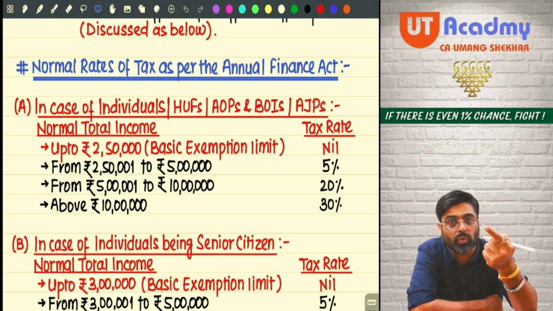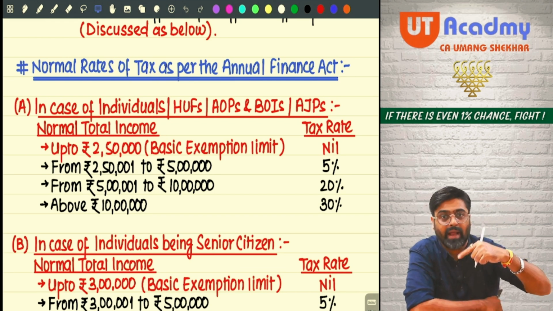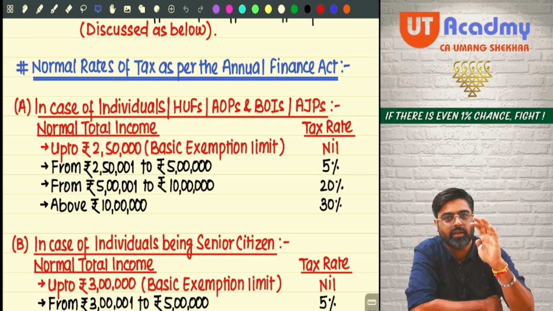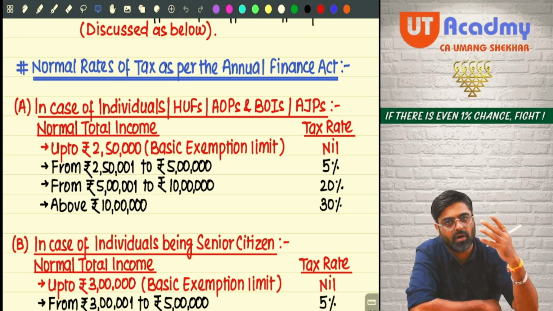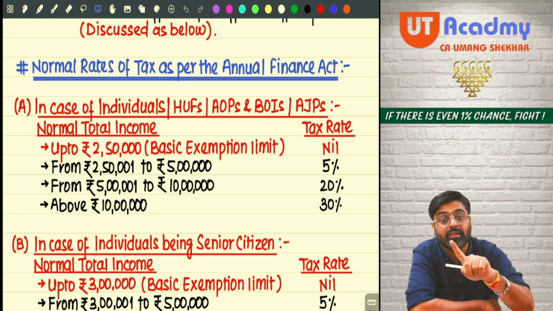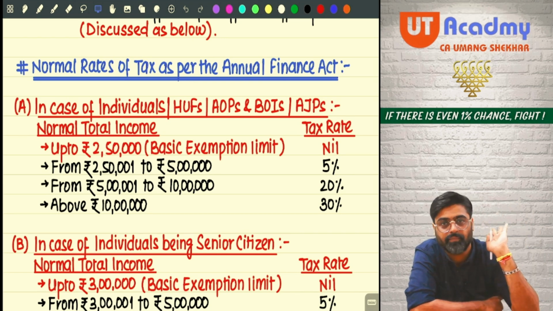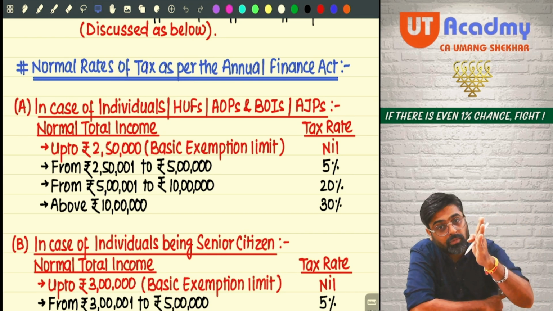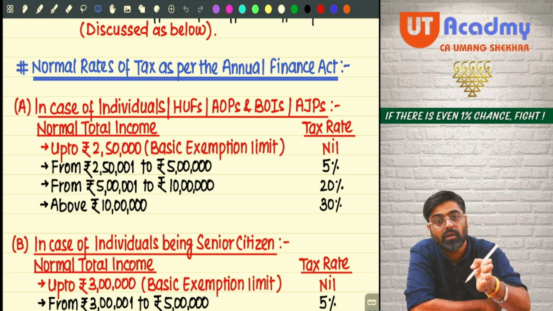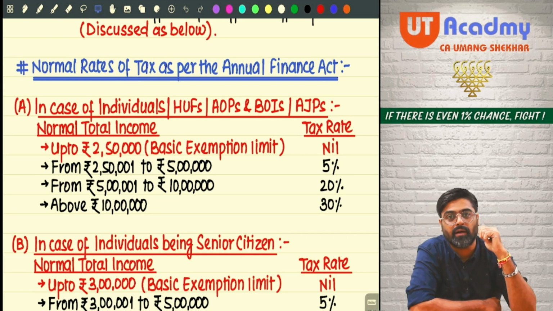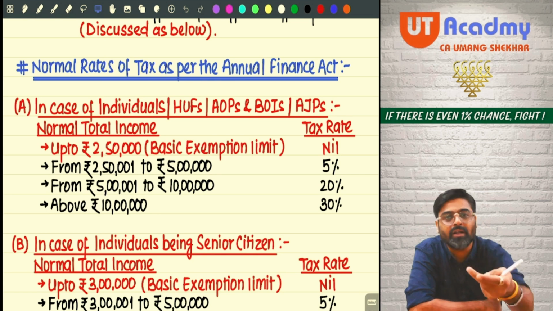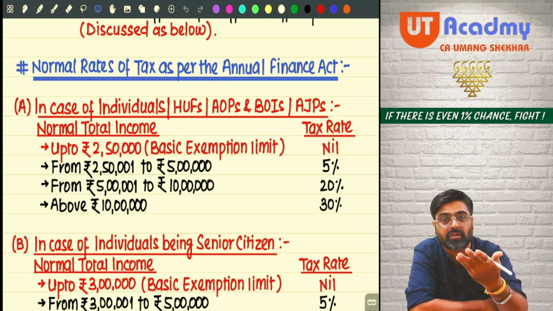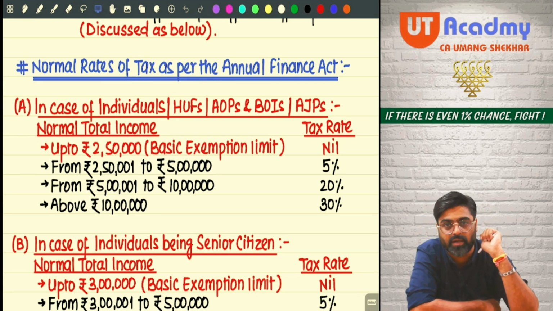On the first 2,50,000 out of 12 lakh, you will not pay any tax. That is the basic exemption limit. Now, from 2,50,000 to 5 lakh of your total income, that is another 2,50,000, you will pay 5% amounting to 12,500.